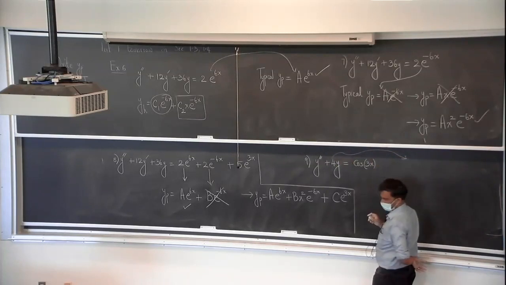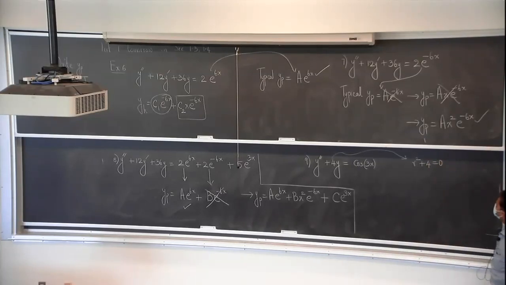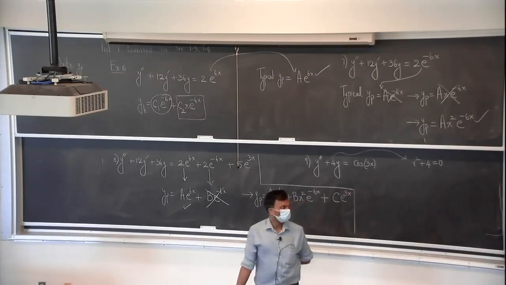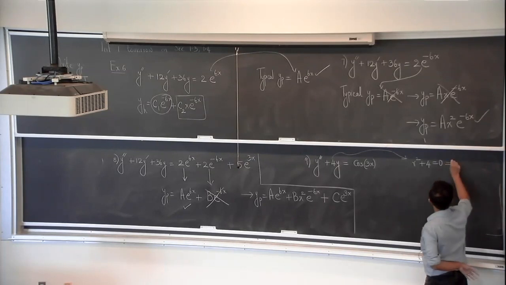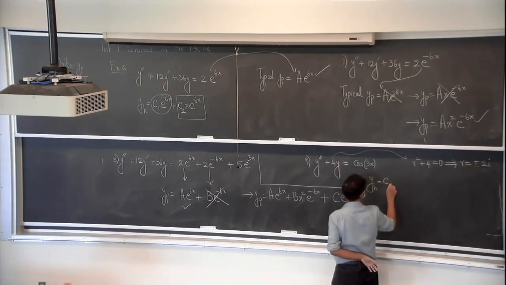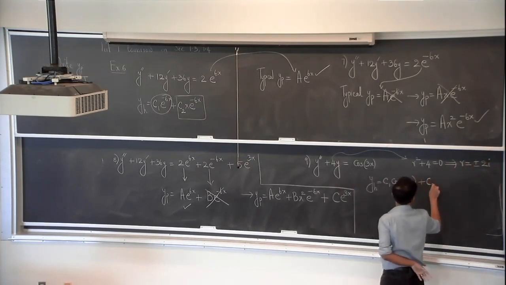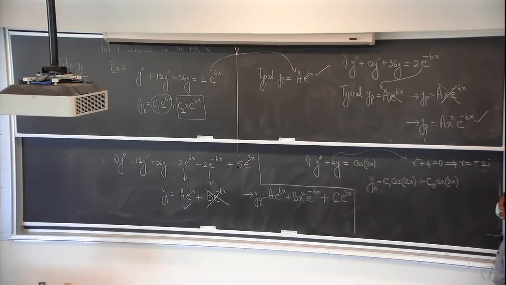So just to remind you, this is your simple harmonic oscillator. Okay, so my YH is your typical simple harmonic motion, C1 cosine plus C2 sine.